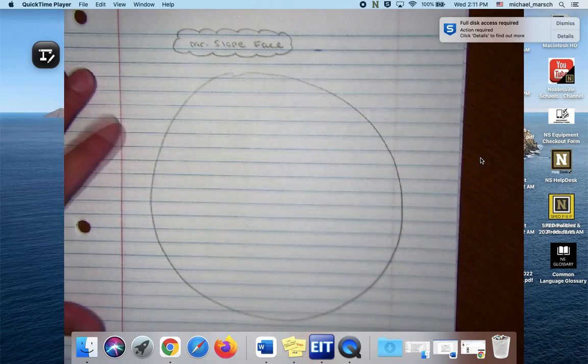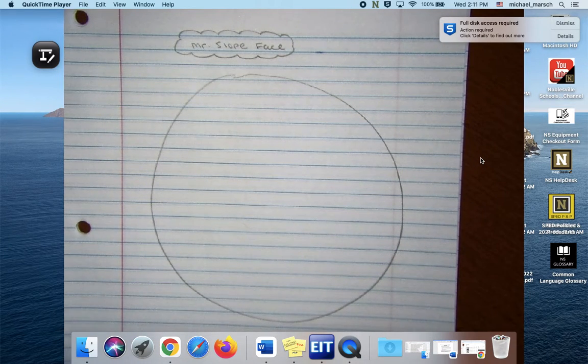So we've got Mr. Slope Face here. I was taught this by a student who had had Miss Coons, my first year of teaching, who had learned it as a 7th grader. It just made my life so much easier because oftentimes we forget which is zero slope and which is undefined.